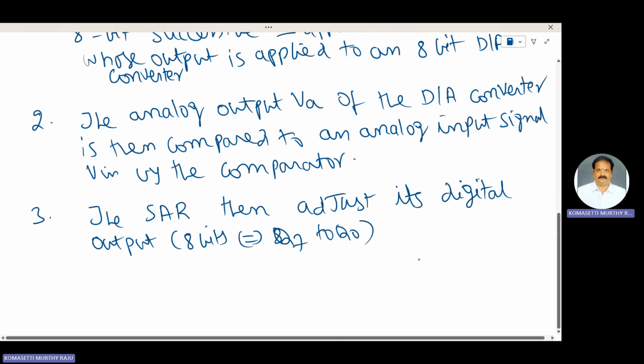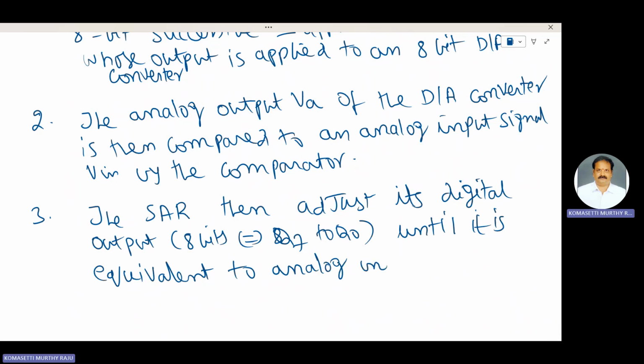Adjust its digital output until it is equivalent to the analog input. Later we will see with one example.